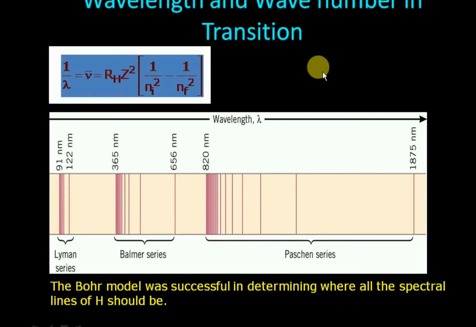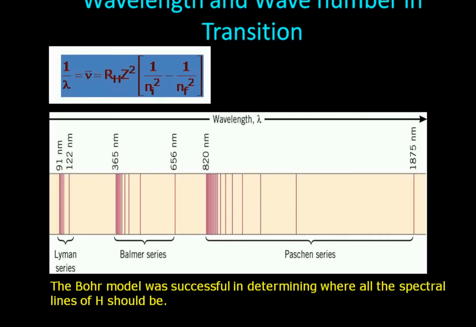The formula for wave number: as we know, wave number is the reciprocal of wavelength, and that 1 over lambda is given as nu bar, which is equal to R_H into Z square into 1 upon ni square minus 1 upon nf square. Ni is the initial energy level number and nf is the final energy level number. Z is atomic number and R_H is Rydberg constant.